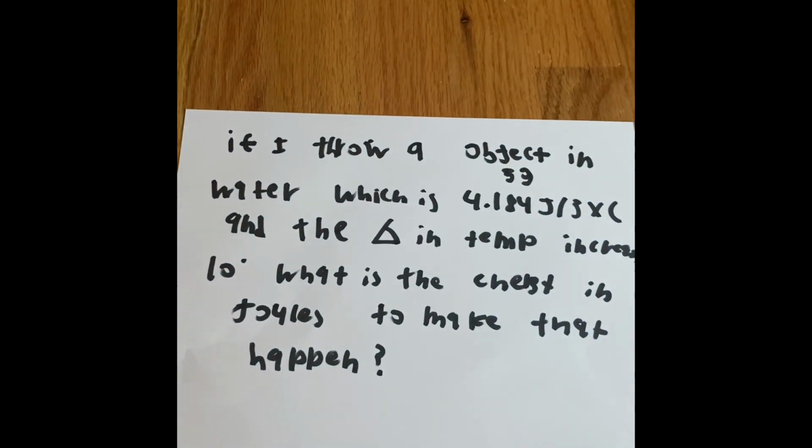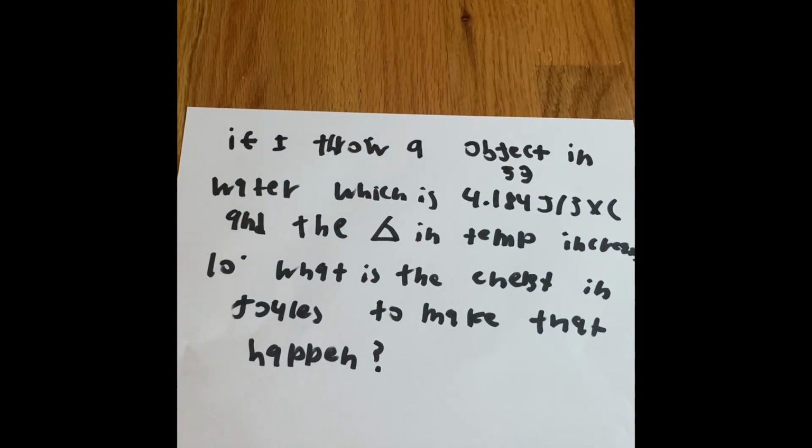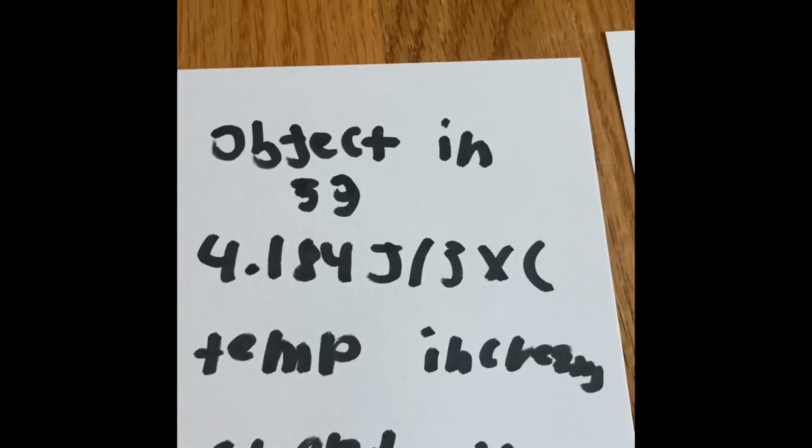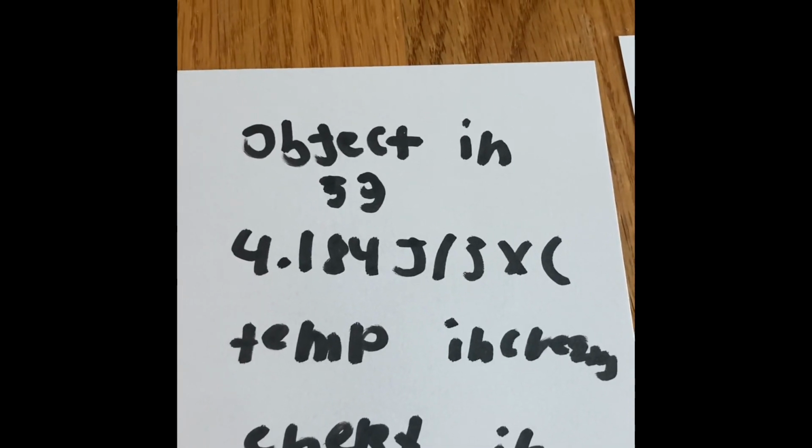So if I throw this mystery object into the water, the water's specific heat is 4.184 joules per gram per Celsius. So for every 1 gram of water and every 1 degree Celsius, the energy is 4.184 joules.